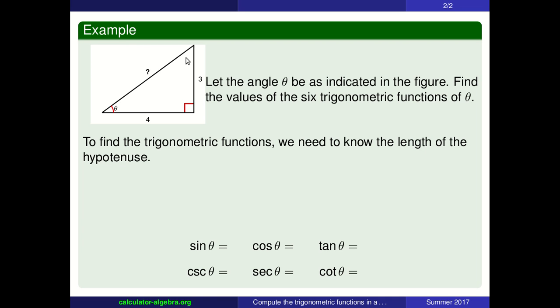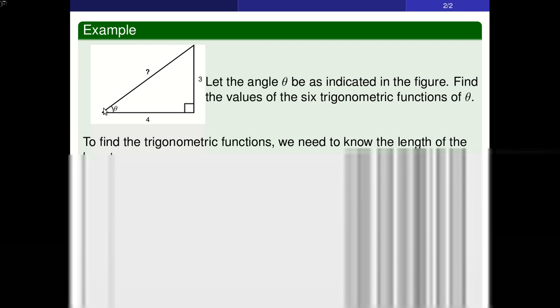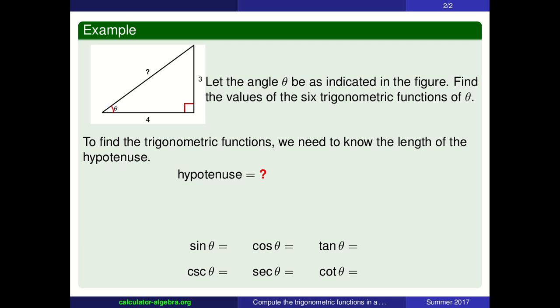Since this is a right angle triangle, this side here would be called the hypotenuse of the triangle. So what is the hypotenuse of that triangle? How do we find the hypotenuse of a triangle if you know the 2 legs? Well, all you need to do is use the Pythagorean theorem. The Pythagorean theorem tells you that the hypotenuse is equal to the radical of the sum of the squares of the 2 small legs of the right angle triangle.